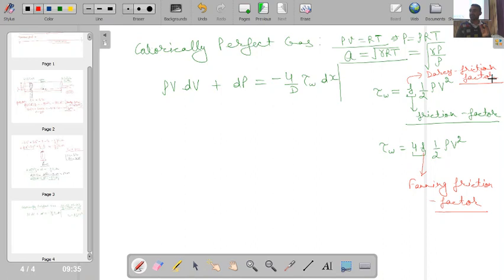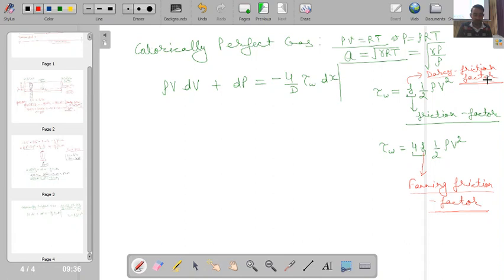So you have to make the distinction over here. Okay, so if you are making this assumption tau w is equal to 4f times half rho v square, then whatever f we are considering in our formulation, that is nothing but a Fanning friction factor. Okay, and if we are considering tau w equal to f half rho v square, then we get a Darcy friction factor.